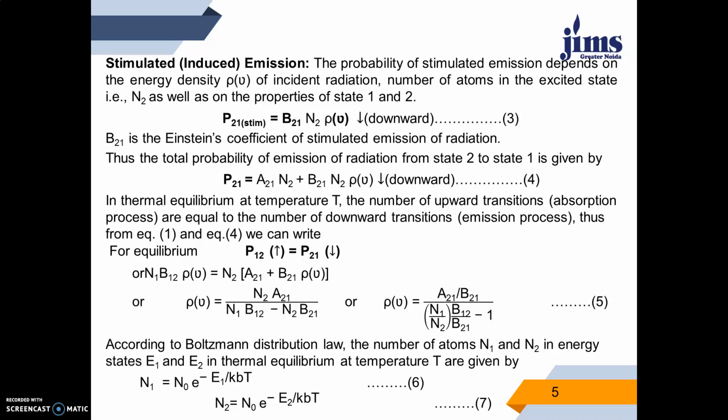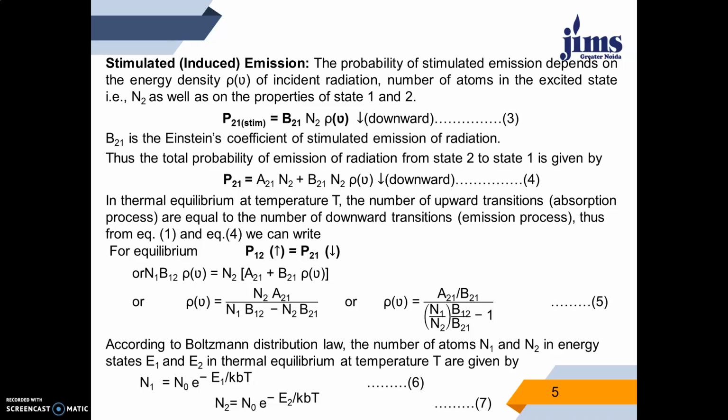This transition takes place only in the presence of external radiation. Therefore, this transition depends upon the number of atoms in excited state, and also it depends on the energy density of incident radiation. Since this transition takes place from upper state to lower state, so this is the downward transition.